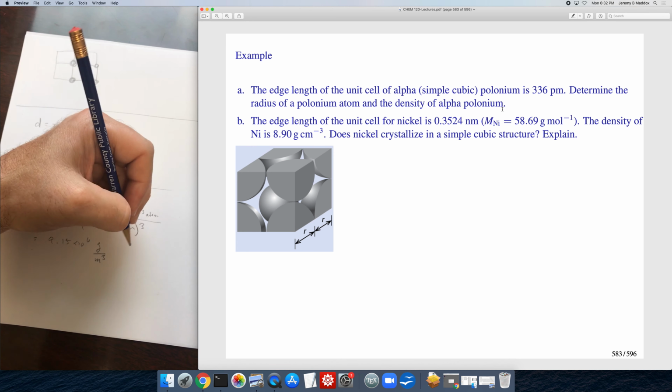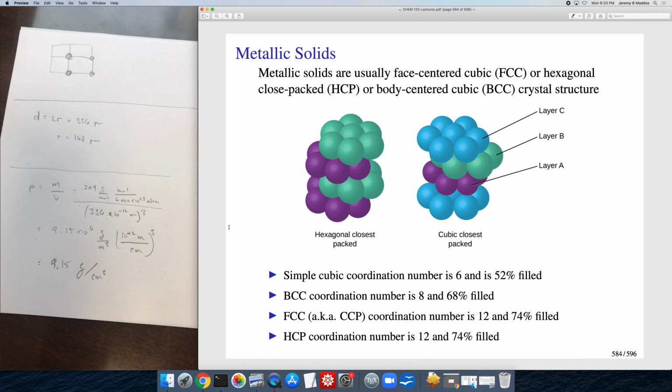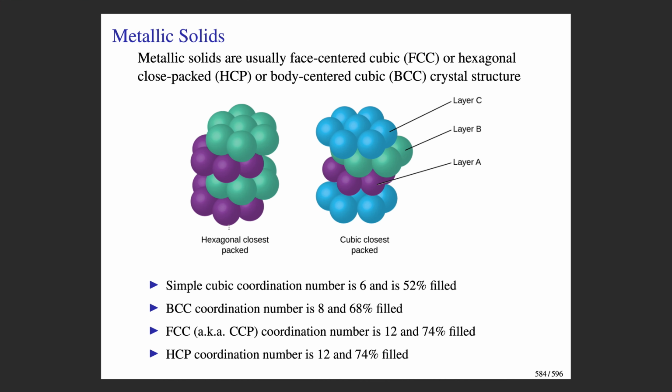The calculations for the nickel are similar, and so I'll leave those as an exercise for you guys to try. And we'll just look at a couple more pictures, really. So here we're talking about not atomic solids like we were before, but more on metallic solids.